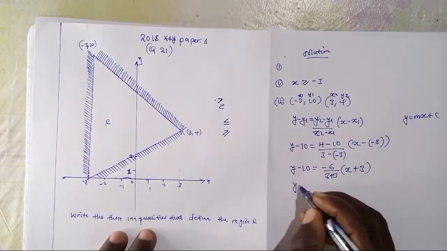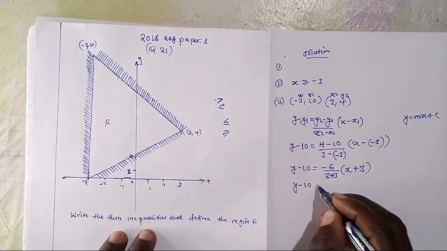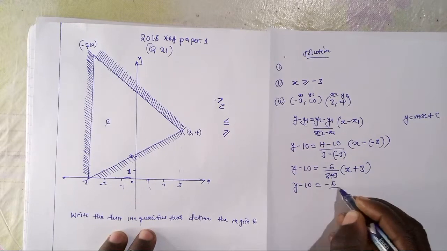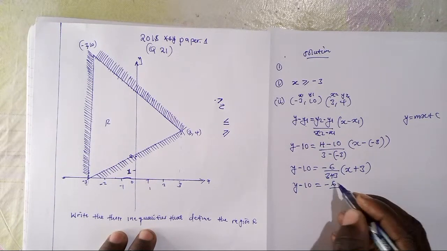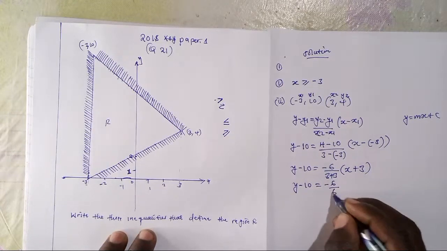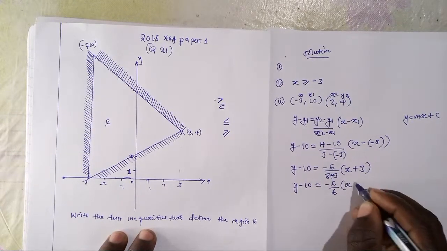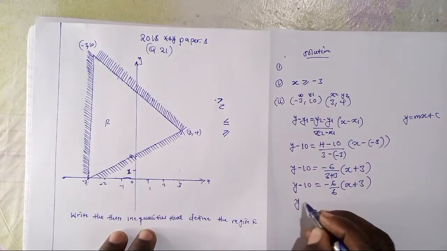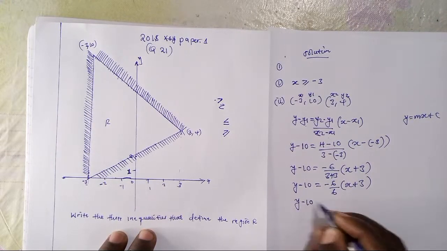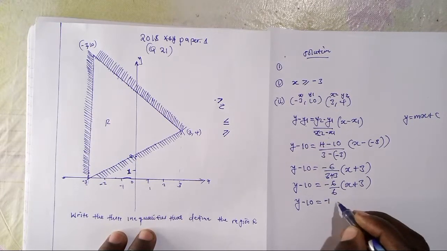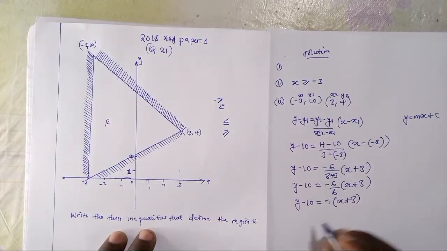Then y minus 10 equals minus 6 over 3 plus 3, which is 6. Then open x plus 3 in the bracket. Then y minus 10 equals minus 1, then open bracket x plus 3.